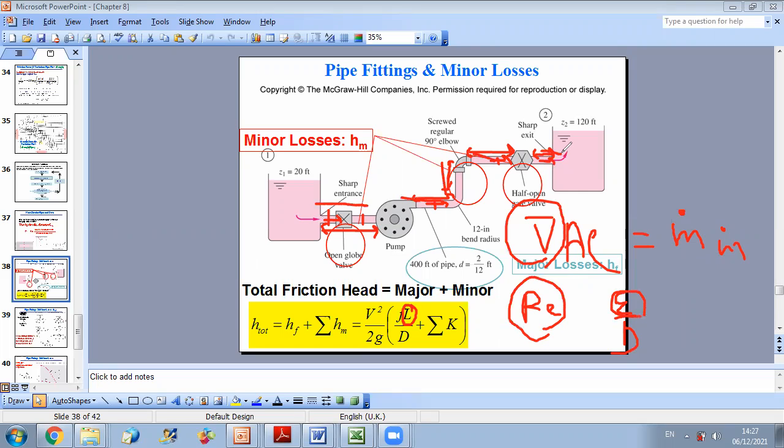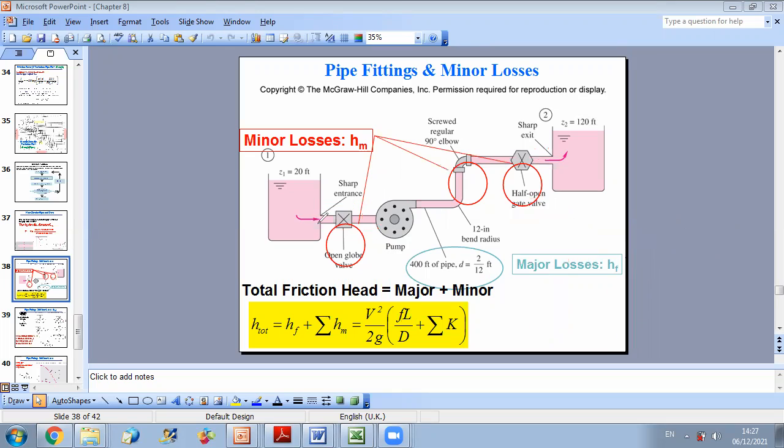Okay. Now, in case any of the parameters in epsilon over D or Reynolds number are changing, then I should compute for each part its own friction factor. So please pay attention to this. Okay. Then whenever you have a change in parameter, you should get f for each part alone.